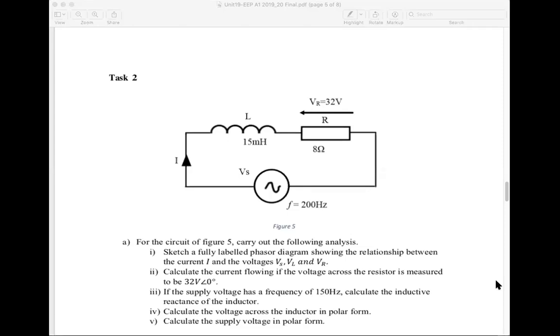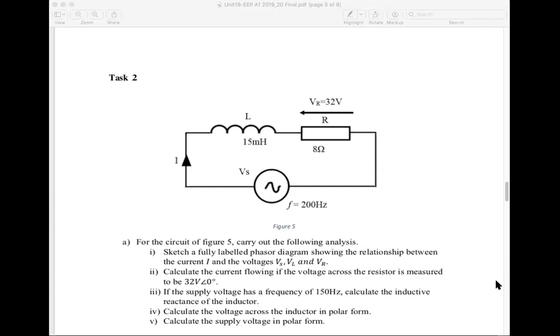So what do we know? First of all, the clue in there is one current. So that's going to be a reference phasor. You're going to fix that at 0 degrees. So you're going to draw that left to right on your diagram. You've got loads of examples of these in your notes.